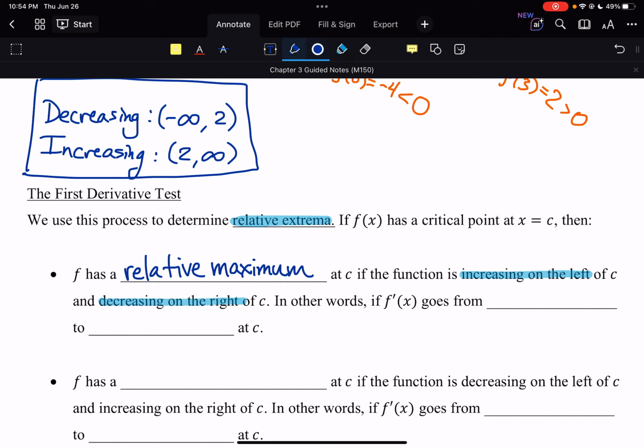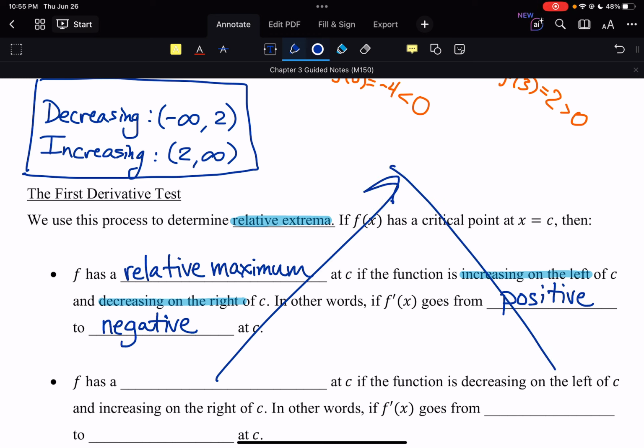So in other words, if the derivative f prime goes from positive to negative at c. So if the graph is going like this and then it starts dropping like that, that point up here is going to be a maximum.